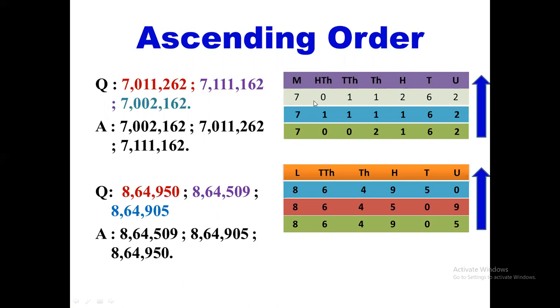And then I'm going to start comparing them. For example, the 7th digit over here is the same, that means 7, 7, 7. But as we move towards the next number, we have two zeros and only one. Then we have two ones and zeros.